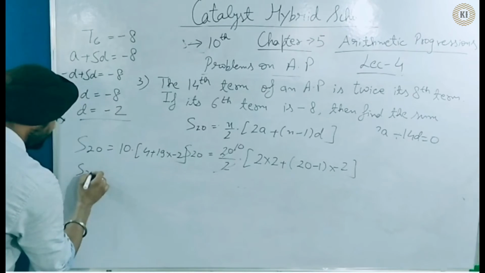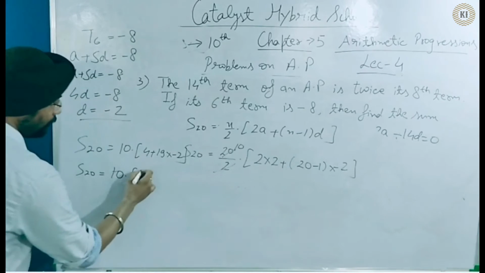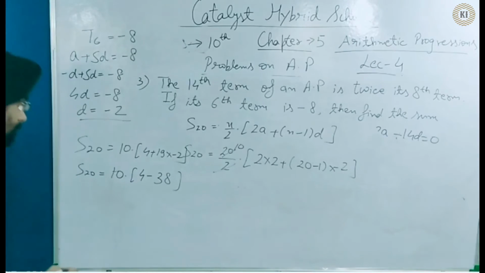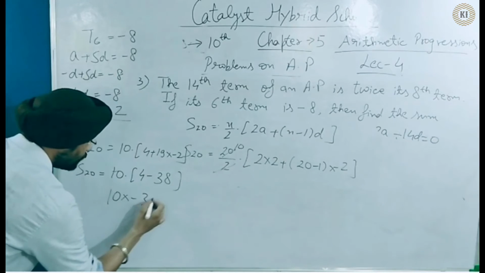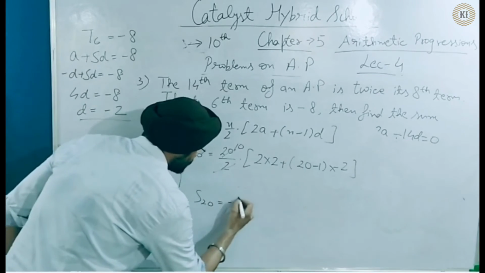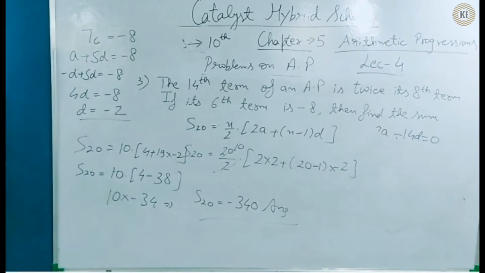So S of 20 will be equal to 10 into 4 minus 38. So 10 into 38 minus 4 is -34, and multiply by 10 you will get here S of 20 will be equal to -340, and that will be our answer.